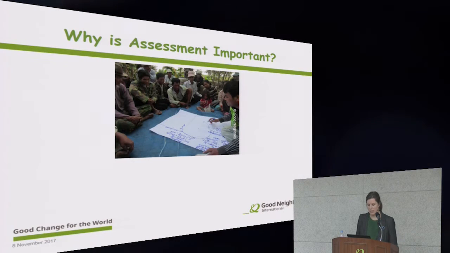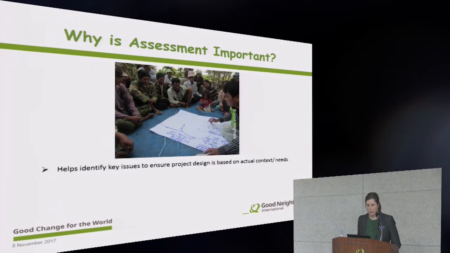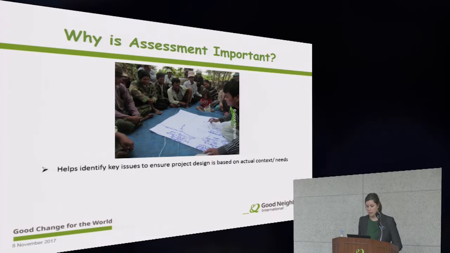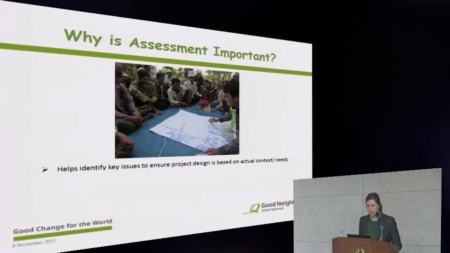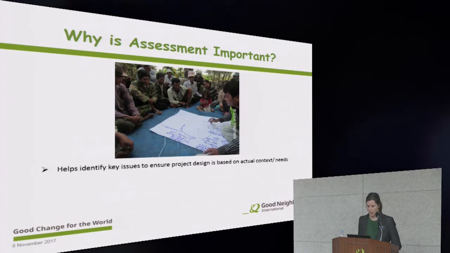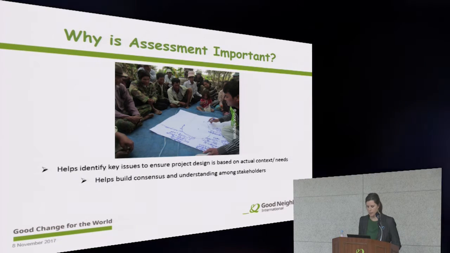So why is the assessment an important first step in a project cycle? Well, it helps identify key issues and ensures design is based on the actual context and needs as opposed to just our assumptions. It also helps build consensus and understanding among stakeholders.